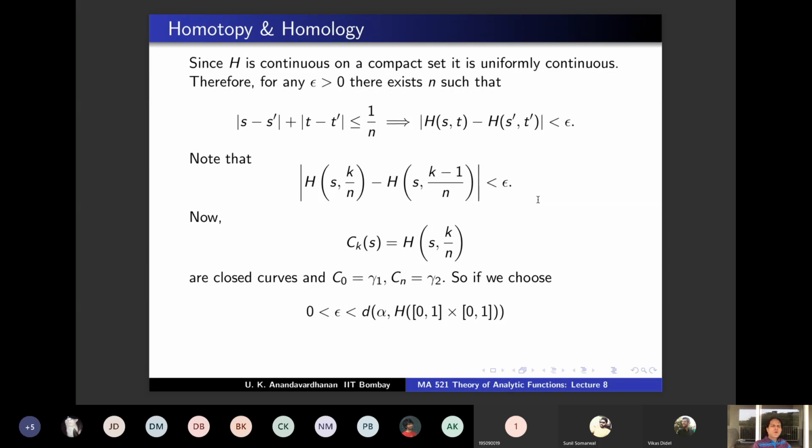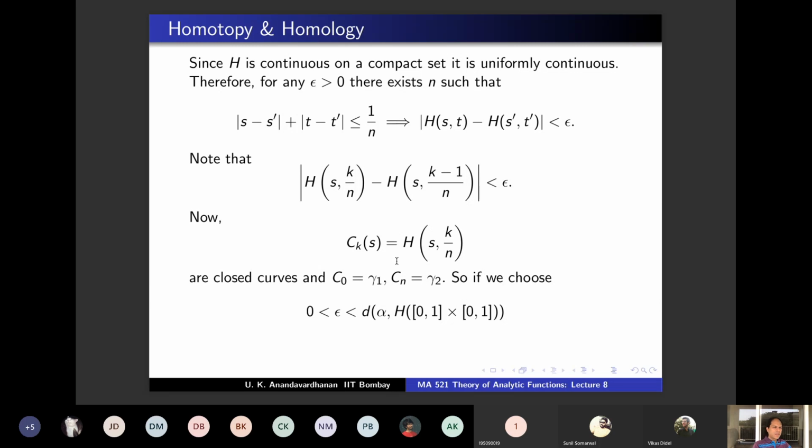So how many curves have I taken here? For this epsilon, I have chosen this n, and then I am taking C0, C1 up to Cn. So n plus 1 many curves. And for successive 2 curves, the condition of that lemma is met: modulus of ck minus ck minus 1 is strictly less than modulus of alpha minus ck minus 1.